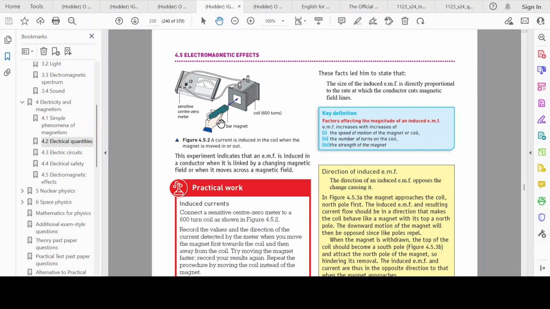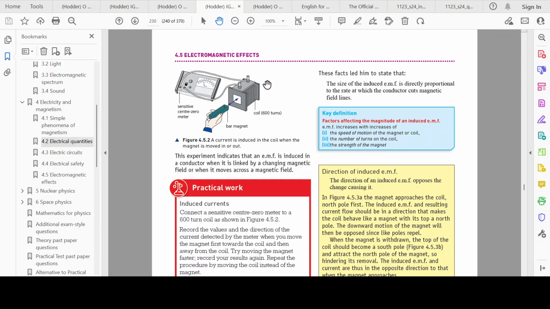But the point here is the direction of movement. Even if they're passing it all the way through, the direction of movement is one way, from, let's say, the left side, or down to up diagonally. So the current that you note when passing it all the way through is going to be in one direction. The meter is going to deflect one way.